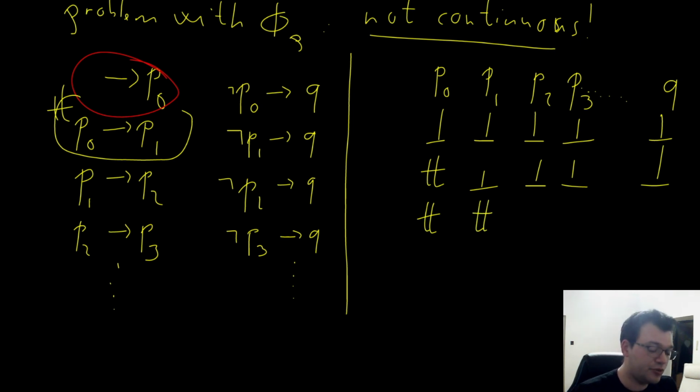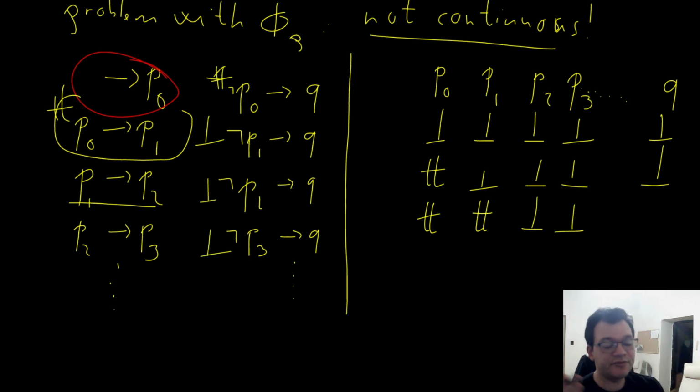Now for p2, for example, I'm still stuck at the unknown value, because in this iteration p1 is unknown, so p2 is unknown as well, and p3 is unknown as well. Now for q, the negation of p0 is false at this point, but here we have unknown and unknown and unknown, and I have to take the supremum of these left hand sides, because that's the definition of the function phi p.